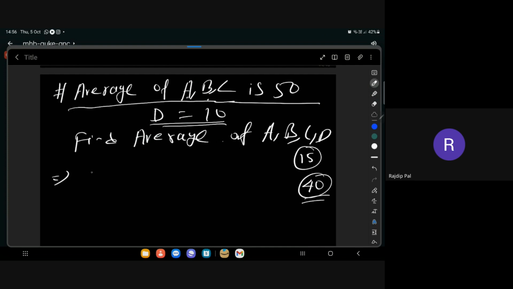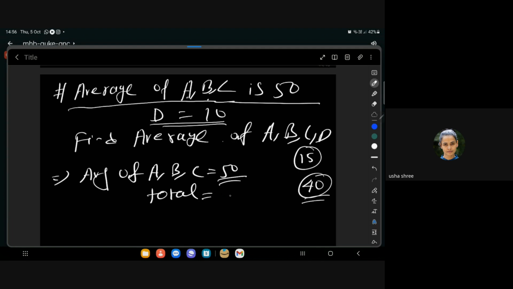See, average of A, B, C is 50. What is the total? Total is 50 into 3, 150.